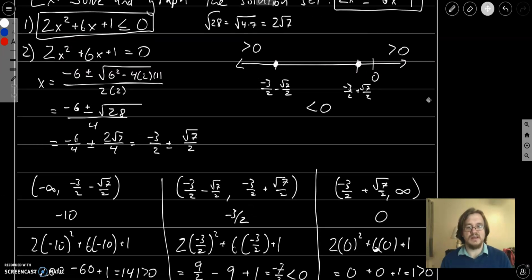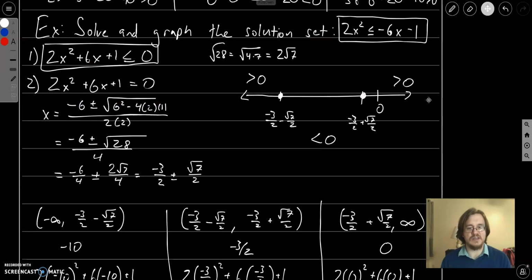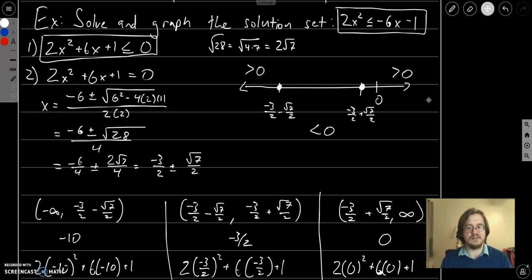So ultimately, I know in each one of these regions whether or not our polynomial is going to be positive or negative. So when is the function going to be less than or equal to 0? So my answer in between this region is the only place where my function is less than 0.